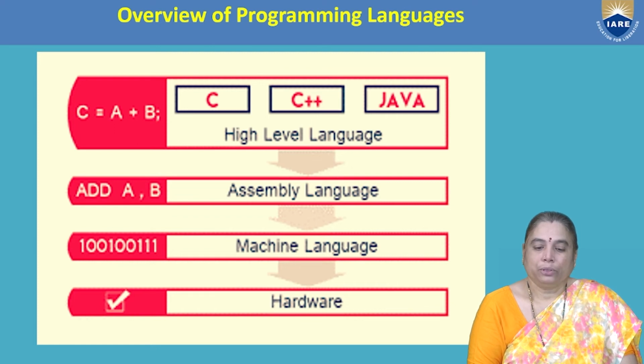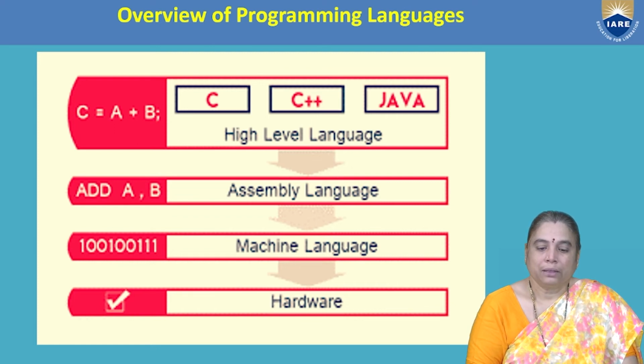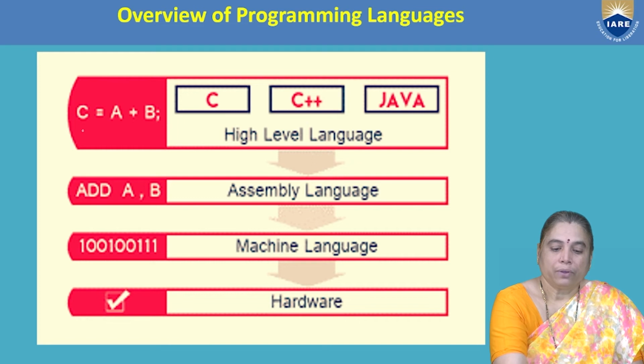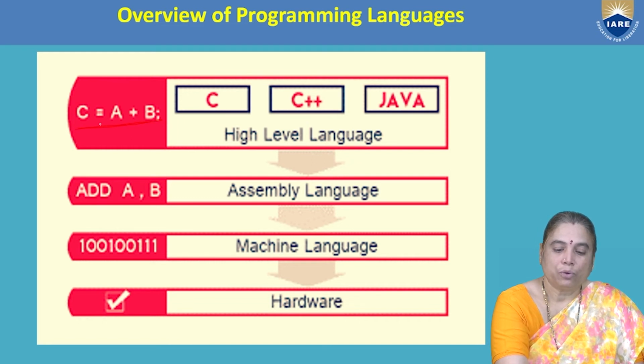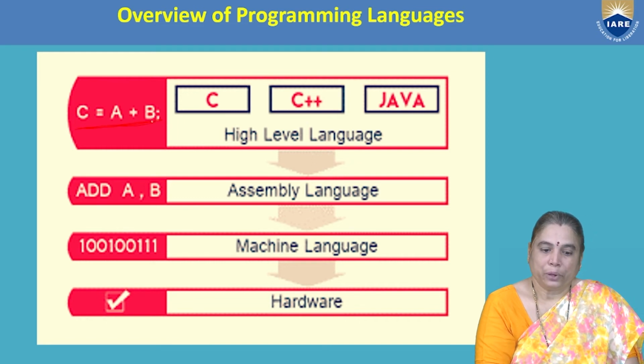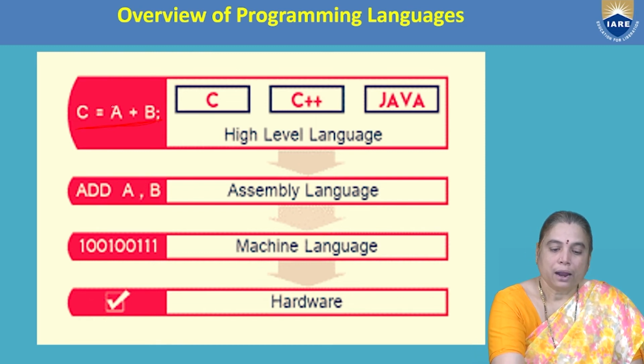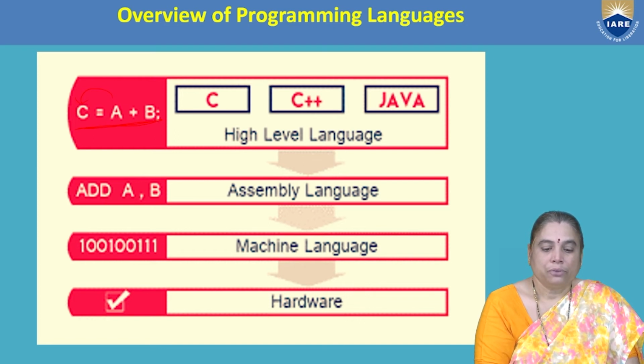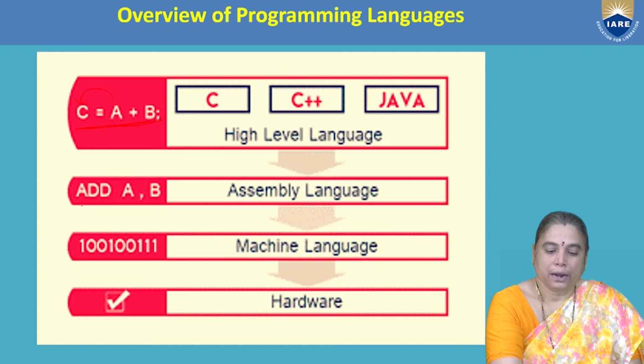Now, comparing the levels of languages, the overview. In a high level language, by using natural language, you can give an instruction like C = A + B in a program. That means the A variable and B variable are added and the sum is stored in the C variable. But in the case of assembly language, we have to use the respective mnemonic for the addition calculation, which is generally ADD.